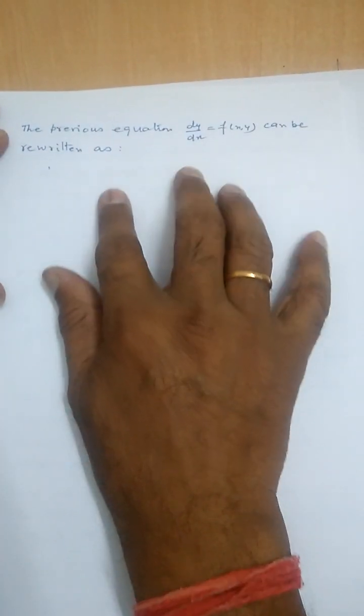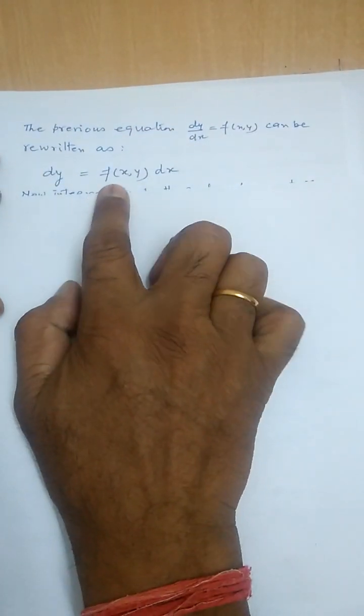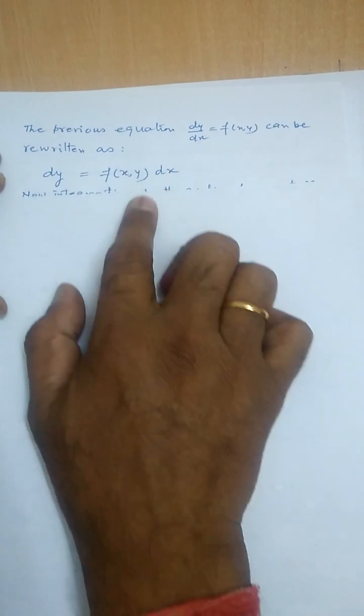The previous equation dy/dx = f(x, y) can be rewritten as dy = f(x, y) dx.